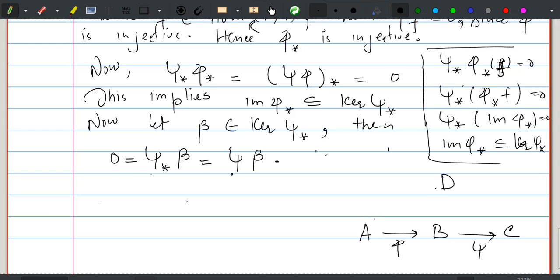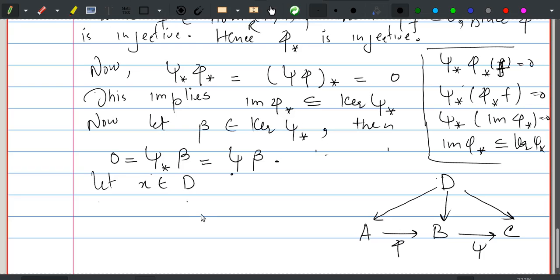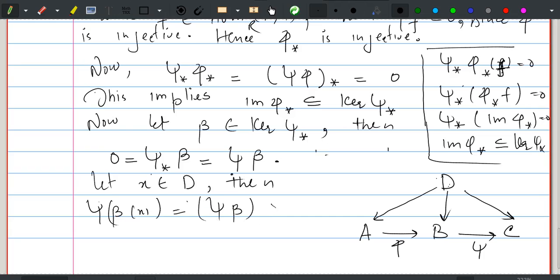These are the module homomorphisms which are coming out of D. Now let us pick some element, say x in D. Since beta is in kernel of psi star, beta is a module homomorphism from D to B. So psi of beta of x is same as psi beta of x, but psi beta is 0, so this is 0.